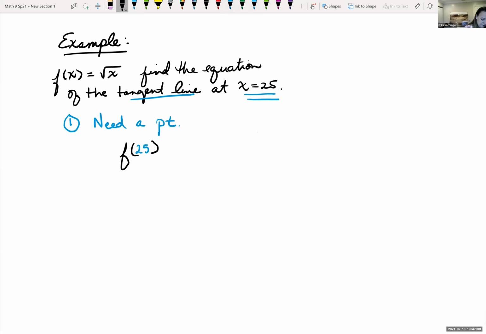We go into our function f of x, and wherever we see an x, we replace it with 25. So we have the square root of 25, which is equal to 5. So we have a point where the x value is 25 and the y value is 5.